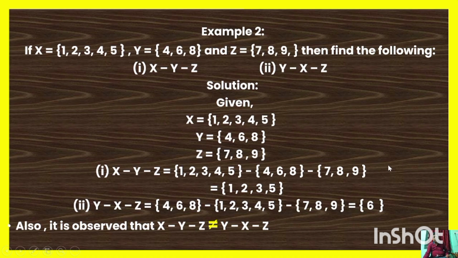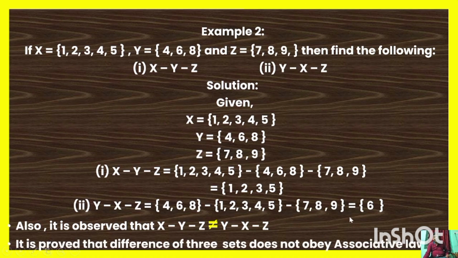Clearly understood or not? It means you see x minus y minus z is not equal to y minus x minus z. It means the set difference does not obey the associative law. These also indicate another property, that the difference of three sets does not obey the associative law. It means the set difference does not obey the associative property, right?